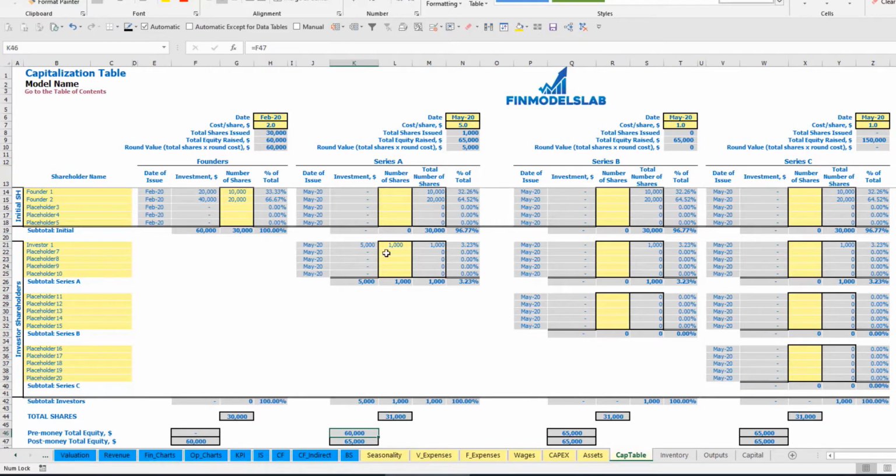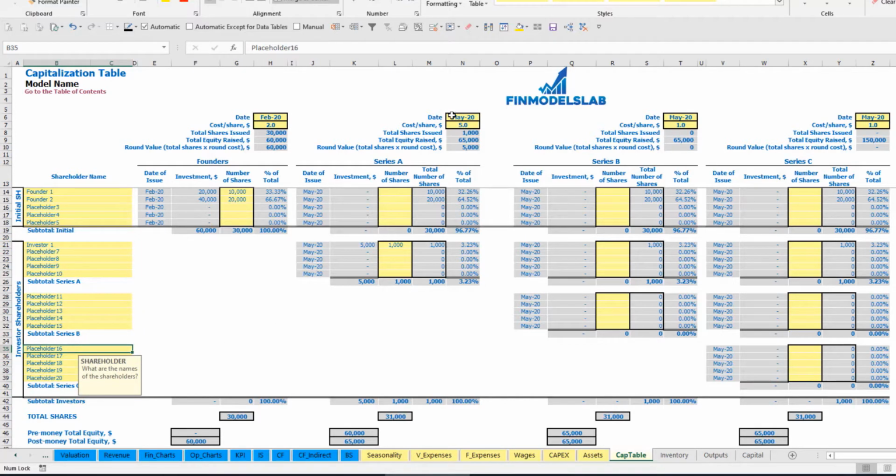You may see that before the Series A total equity was $60,000, after $65,000, and investor 1 will have 3.23% of shares, and the shares of founder 1 and founder 2 are also diluted, 32.26 and 64.52%.